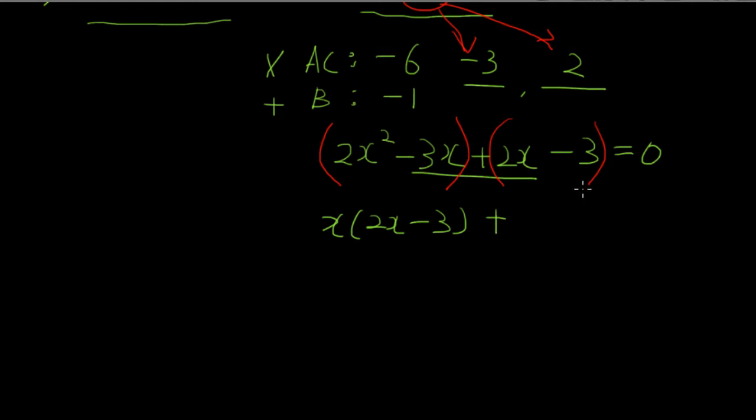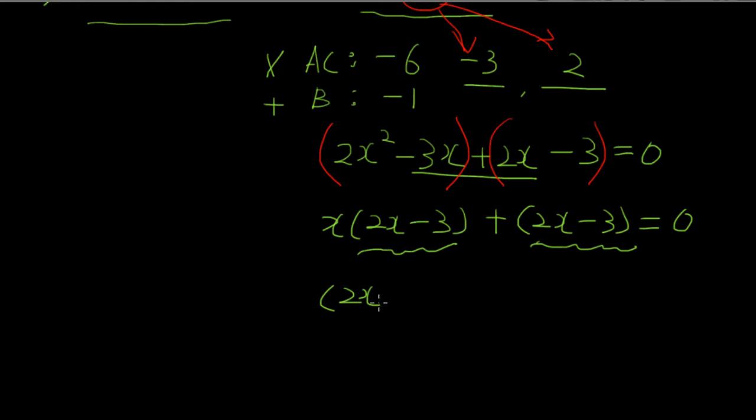From here, we really cannot factor anything. So it'll be just 2x minus 3 equals 0. Now as you can see, we have this and this in common. So we're going to factor out 2x minus 3 like that.